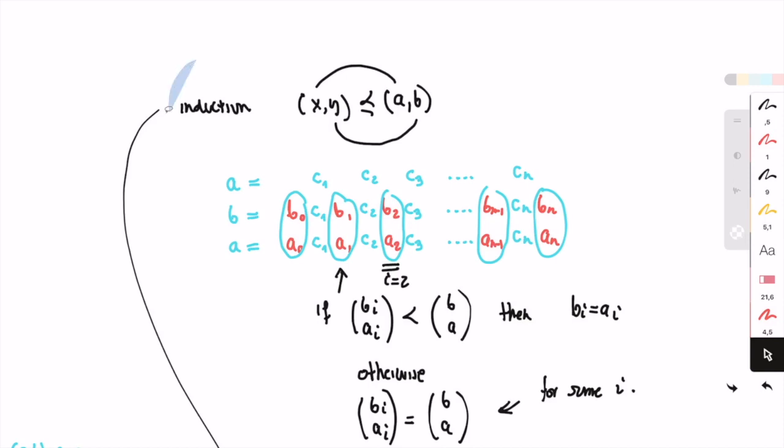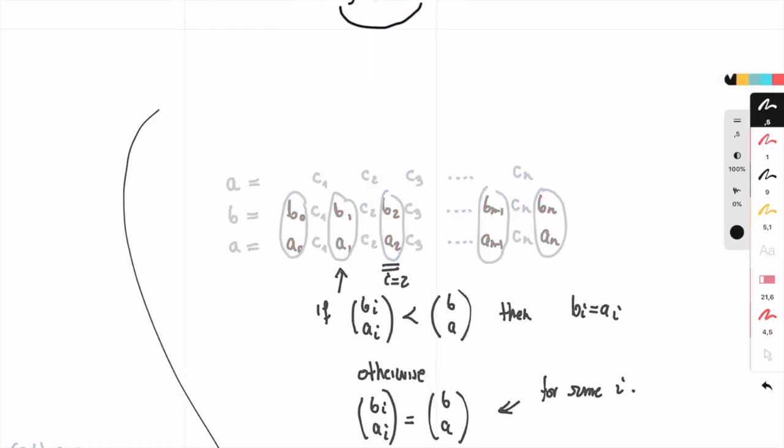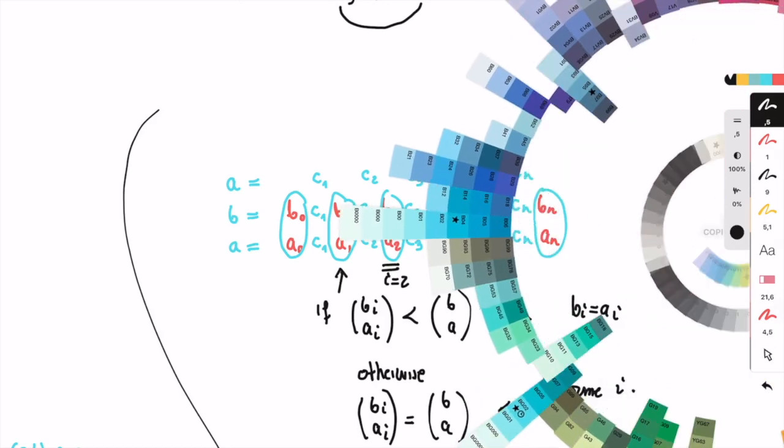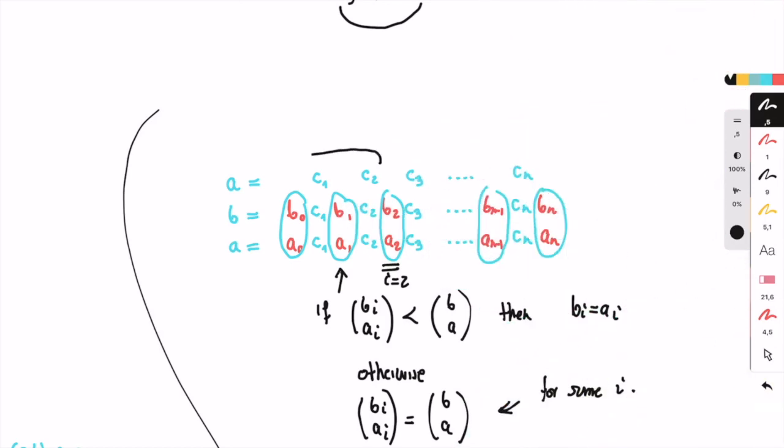So we have the following summary situation. Let's maybe move this up. We're going to have the Cis which are after and which are before.